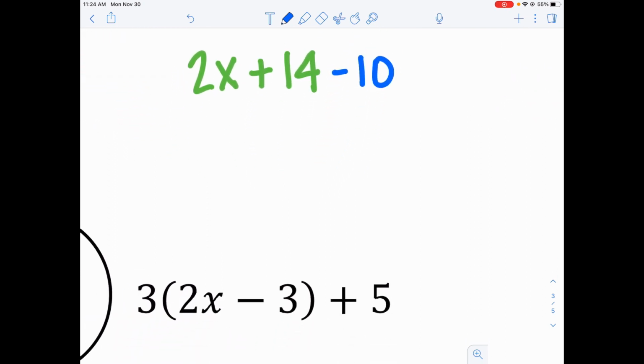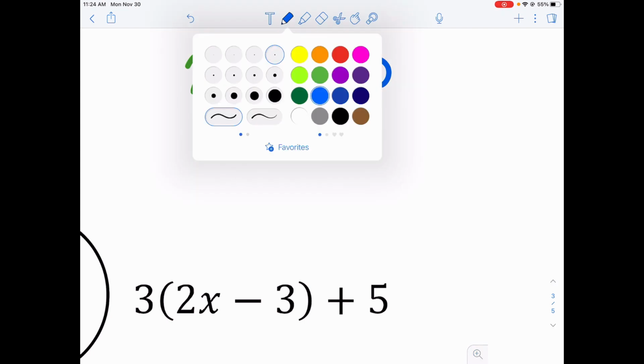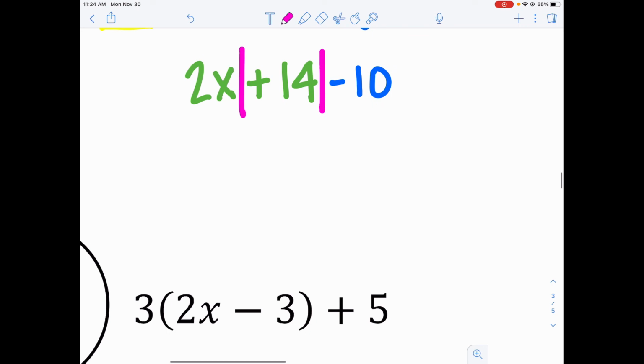Now we're back to an expression that you need to combine like terms with. So you're going to split it by its terms, and you're going to go through and identify which ones are like terms. So I'm going to put a box around 2x. I cannot put a box around 14 because it doesn't have the same variable, and I cannot put a box around the -10 because it also doesn't have the same variable.